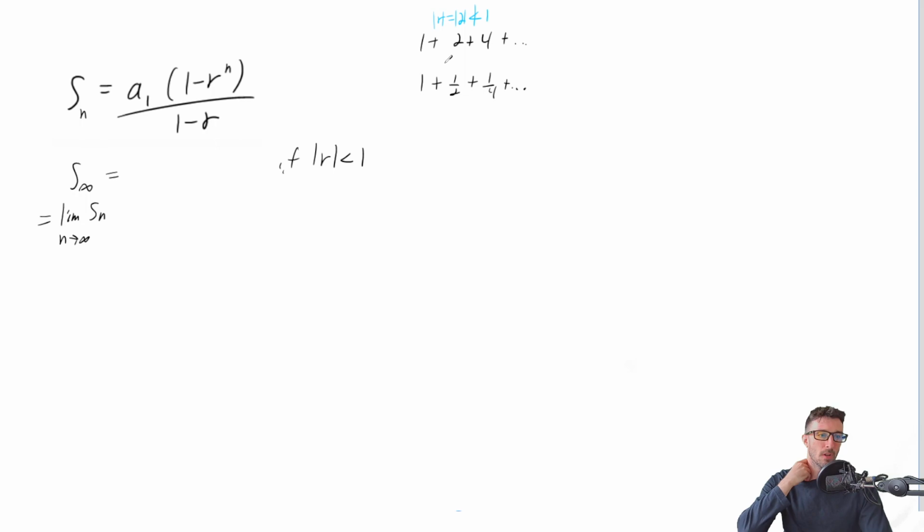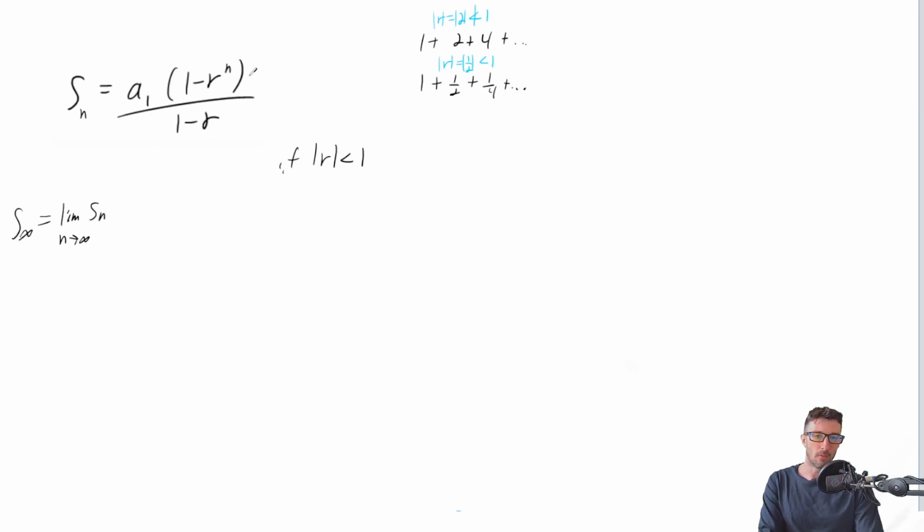That's not true. But here our r value is equal to 1/2, and the absolute value of that, of course, is less than 1.